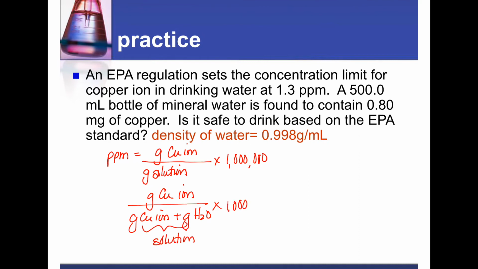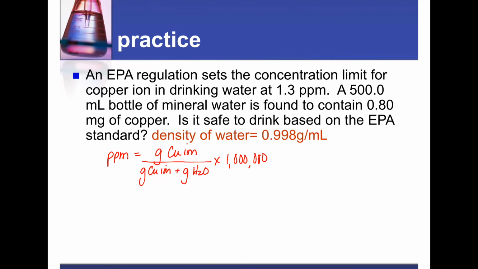So times 1,000,000. So I need to do a few calculations. First, I need to go from my 0.8 milligrams of copper and get grams of copper. And then I also need to take my 500 milliliters of water and find grams of water. The problem tells me the density, so I should be able to do that. I'm going to do those one at a time.